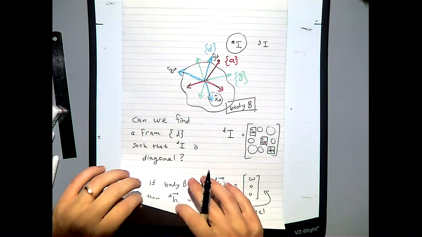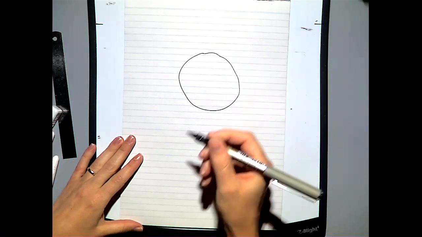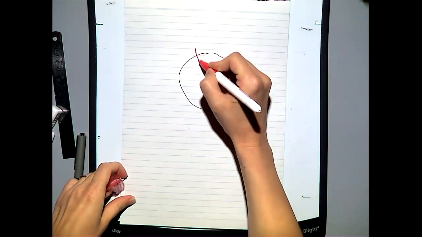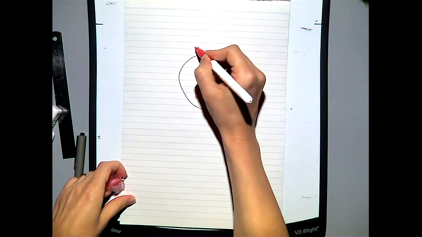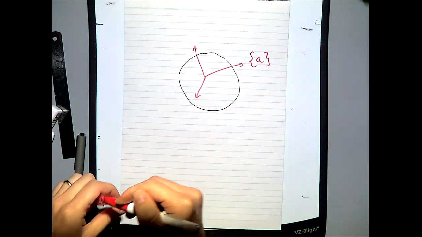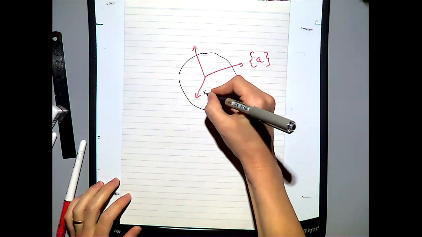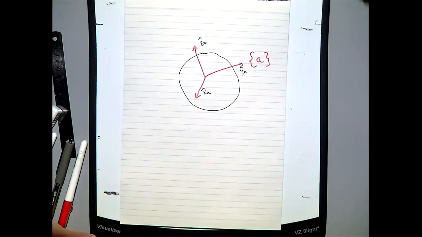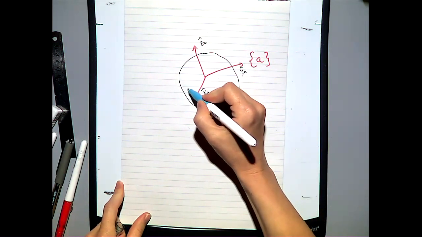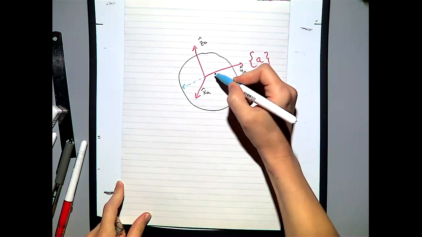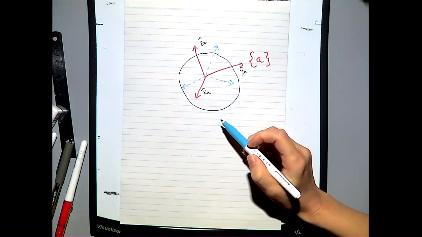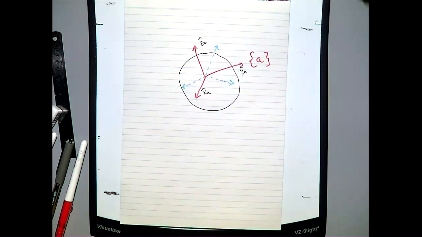I will redraw that. So let's say the rigid body, and this is some random frame A, and it has its, let's say, XA, YA, ZA axes, and this is the special frame D that we are after.